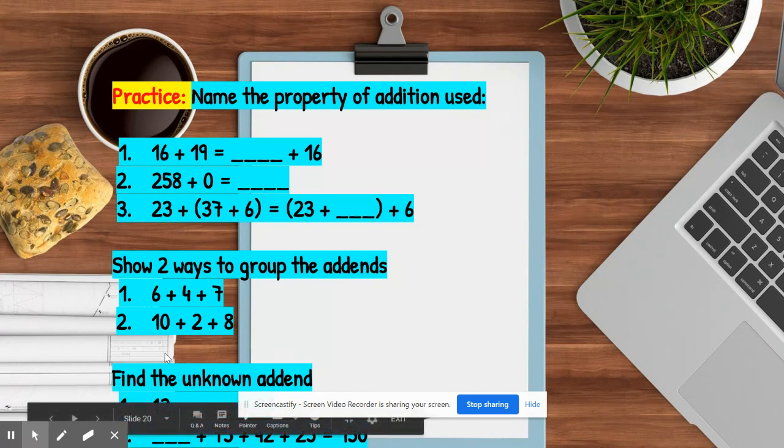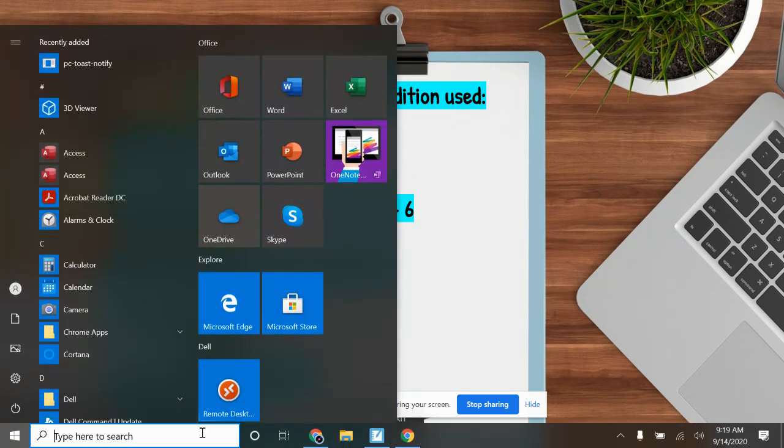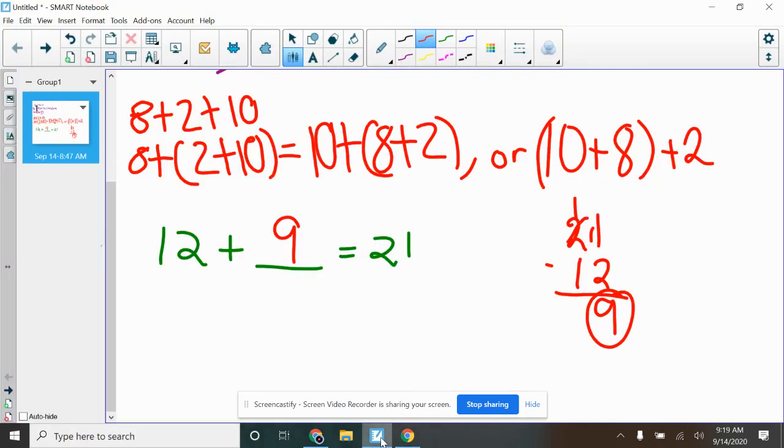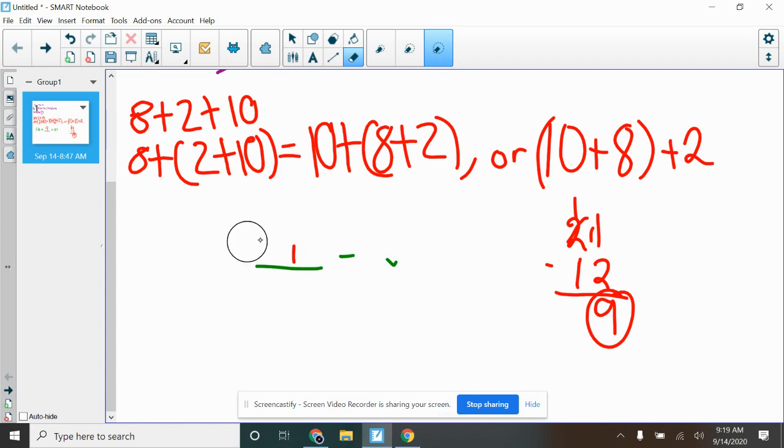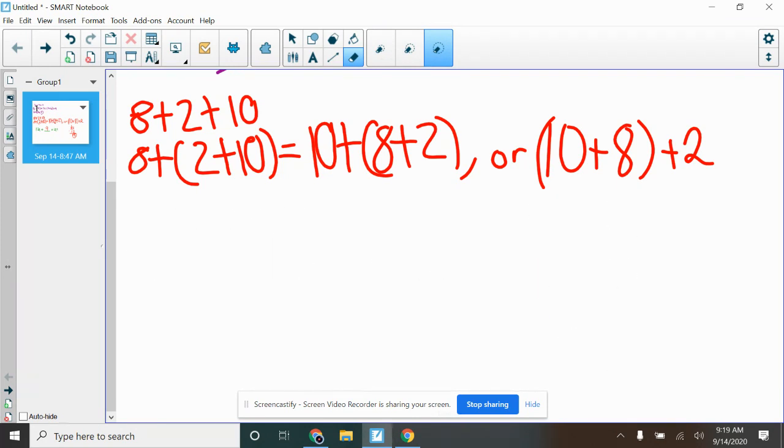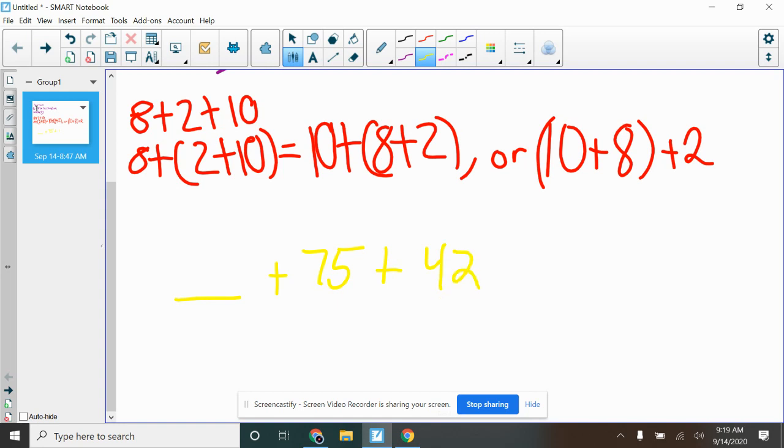I have a 75, I have a 42, and then what else did I have? My problem said blank plus 75 plus 42 plus 25 equals 150.